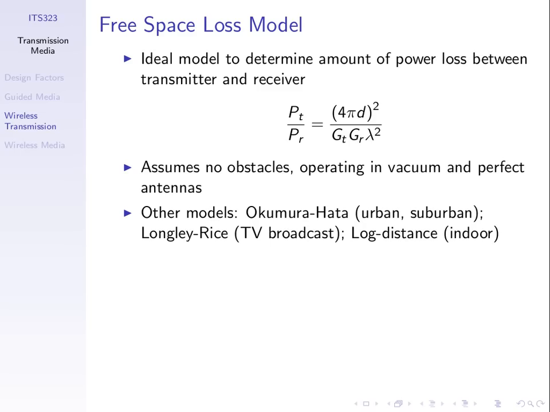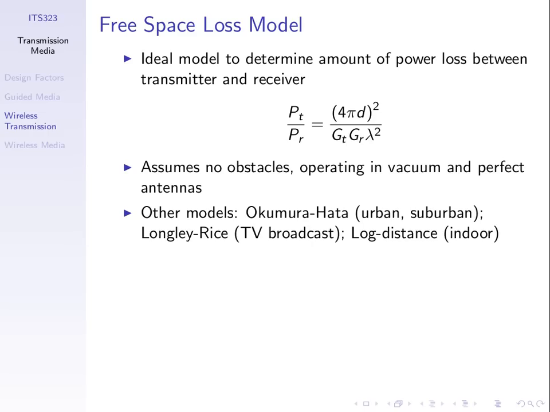So if I know GT and GR, I know the wavelength I use with wireless LAN because I know the frequency is 2.4 gigahertz. Therefore, for Wi-Fi, I can determine the wavelength, so I can determine lambda. For this access point, I can determine the transmit power.